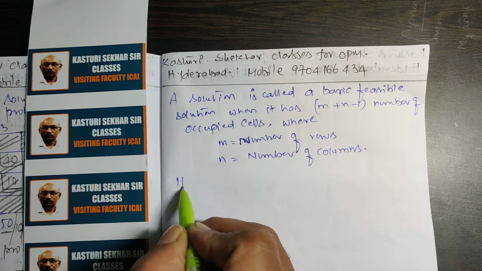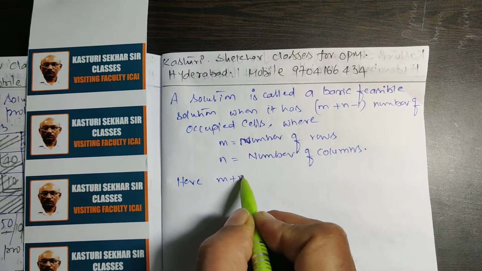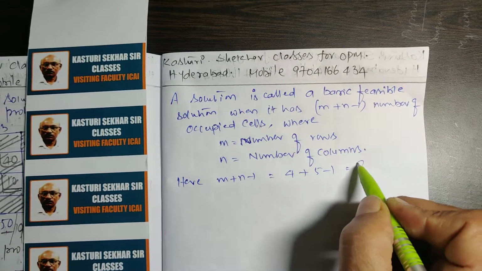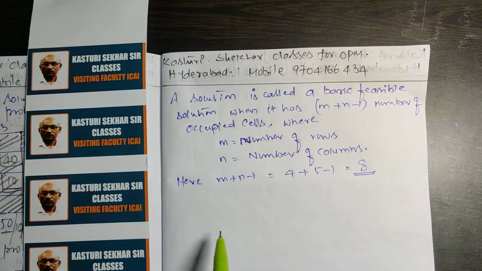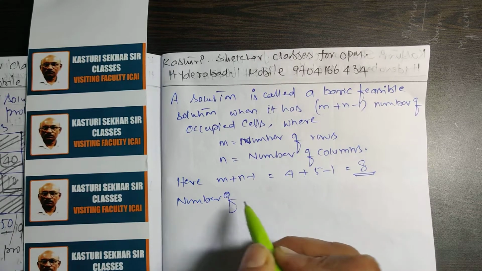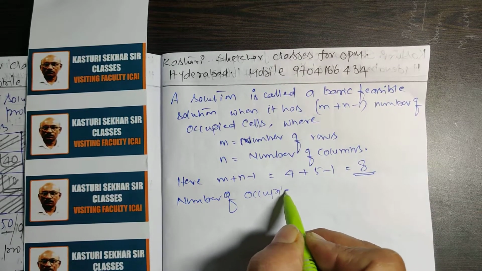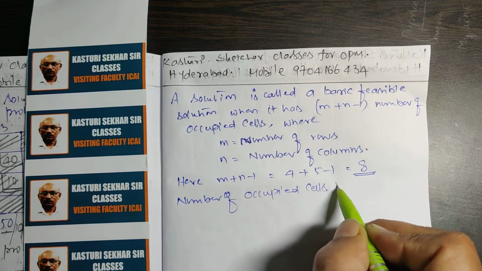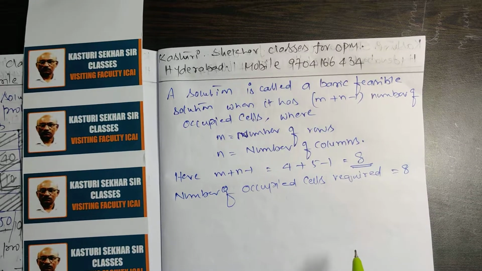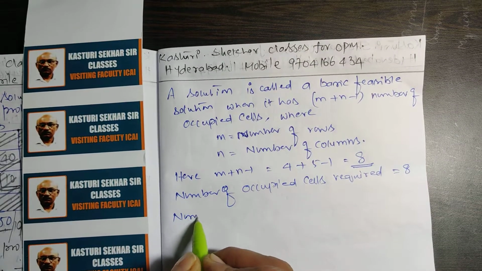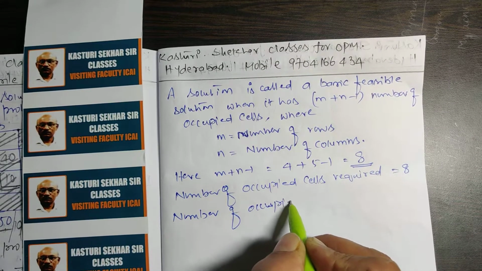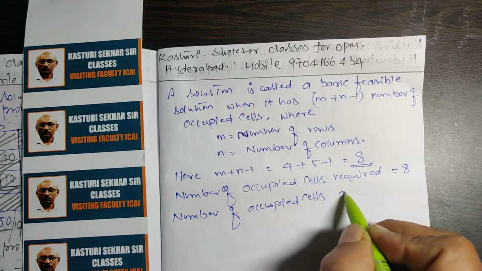Here m plus n minus 1 is equal to 4 plus 5 minus 1, 8. Number of occupied cells required is equal to 8. Number of occupied cells obtained.